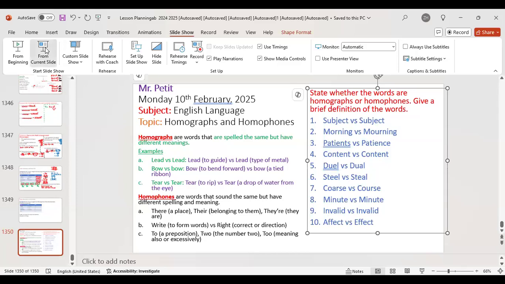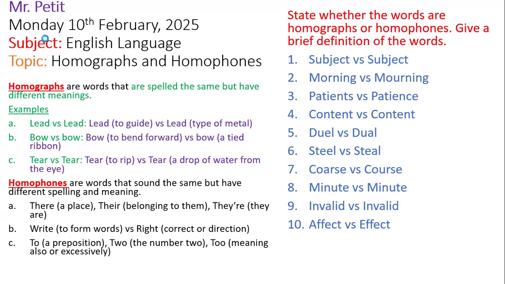I want you to do this on your own. Once you finish, I want you to take a picture of your work and send it to me via WhatsApp, and then we're going to go over the answers together. Again, once you finish, take a picture of your work, and then we can go over the answers together.